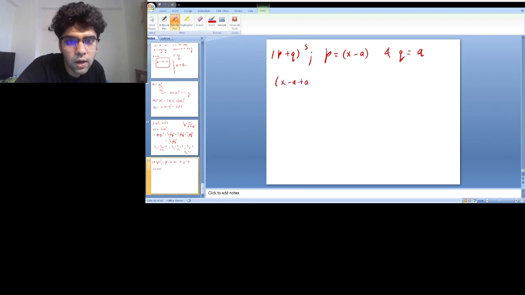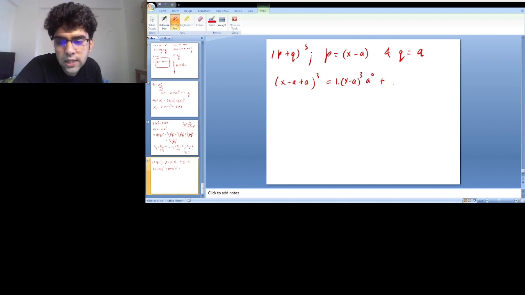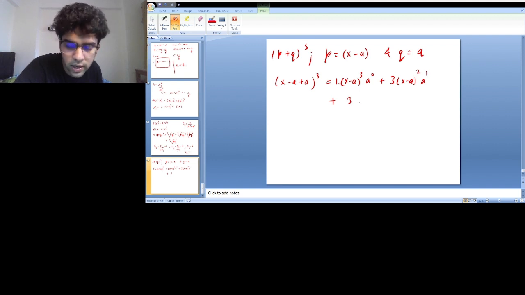So (x minus a plus a) whole cube gives me 3C0 is 1, so this gives me 1 into (x minus a) whole cube a to the power 0 plus, now 3C1, 3 times (x minus a) square a to the power 1 plus 3C2, again 3, so this gives me (x minus a) to the power 1 a to the power 2, and ultimately 3C3, which is 1 into (x minus a) to the power 0 and a to the power 3.